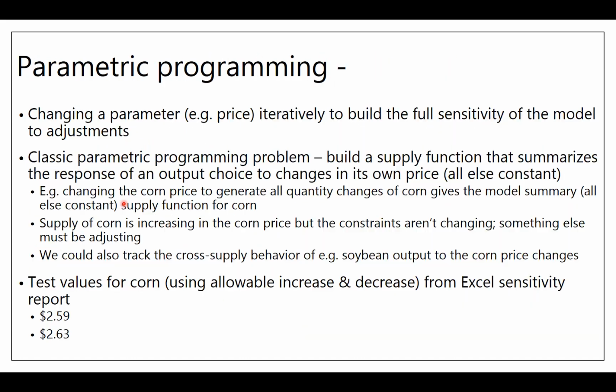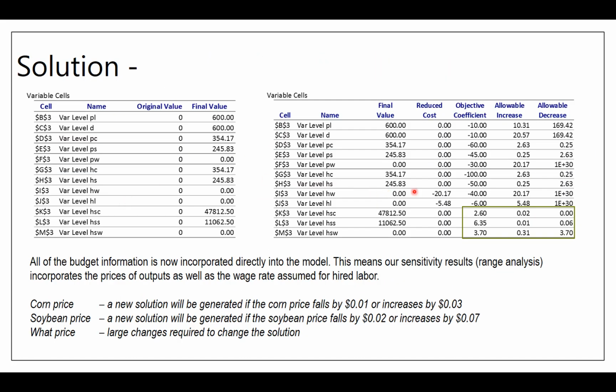And in fact, we have a map right here that tells us how likely, from these constraints, from this sensitivity information for any of the pricing, we know how likely it is to generate a change in the supply schedule. So looking at the soybean price, if it increases by 1 cent, or falls by 6 cents, then we expect a change to the corn supply schedule, because there's no way to change the soybean level.